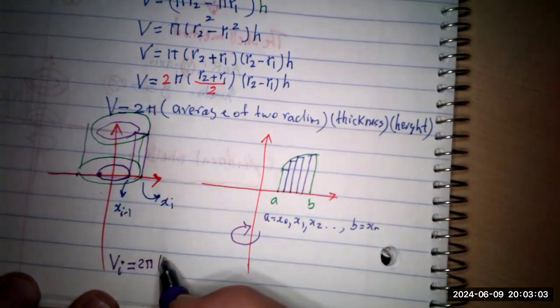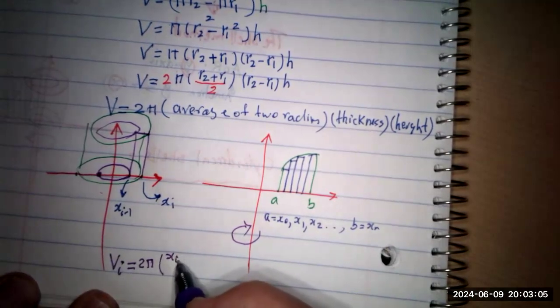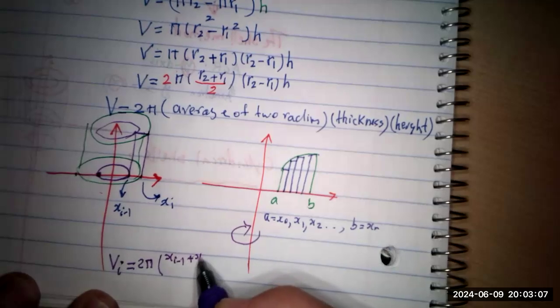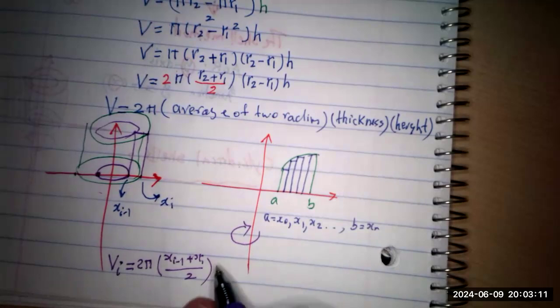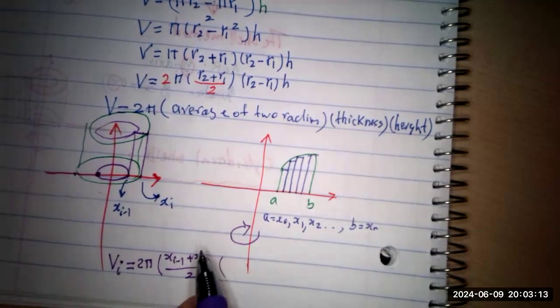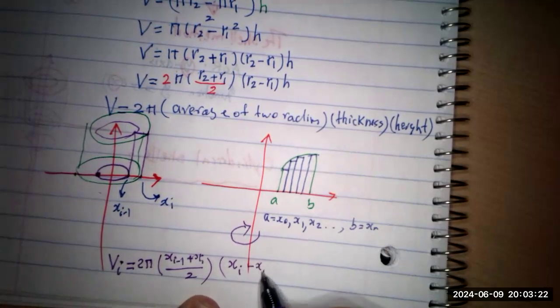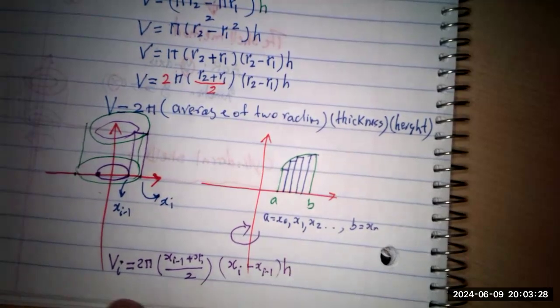So this would be xi minus 1 plus xi divided by 2. That's the average. Then the difference between these two is going to be xi minus xi minus 1. That's the difference, times the height, which is going to be h.